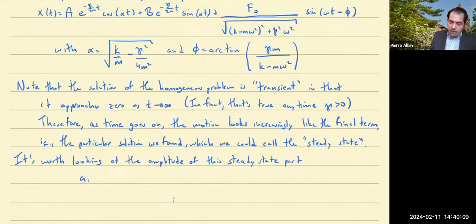Right, so let's give that a name, amp. Let's think of it as a function of omega. So it looks like this fraction.